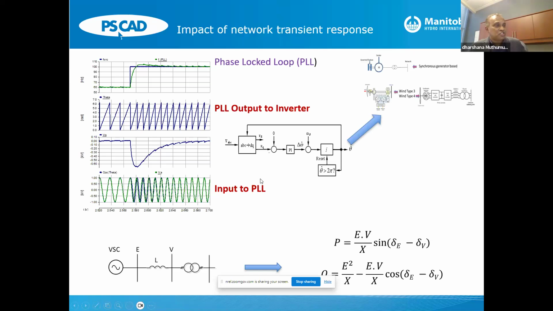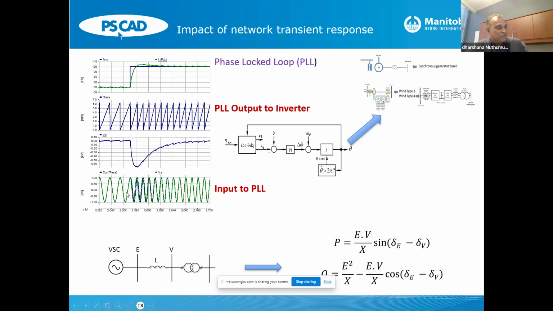It is measured using the PLL, phase lock loop, and the input to the phase lock loop in real inverters, all of you know this, is the actual instantaneous voltage, right?